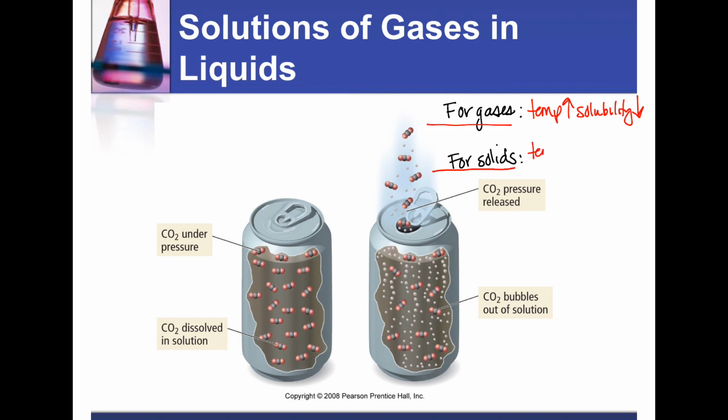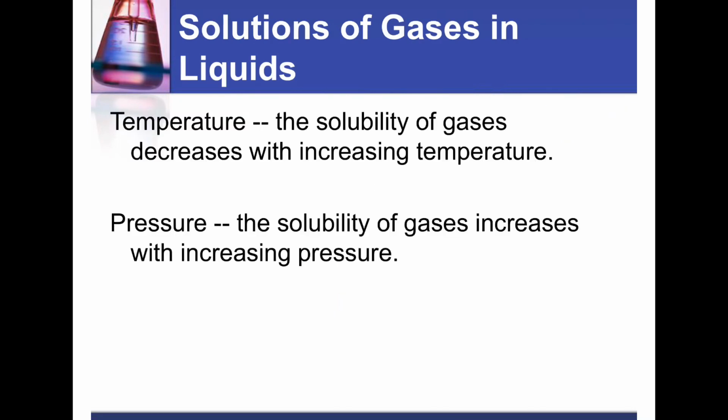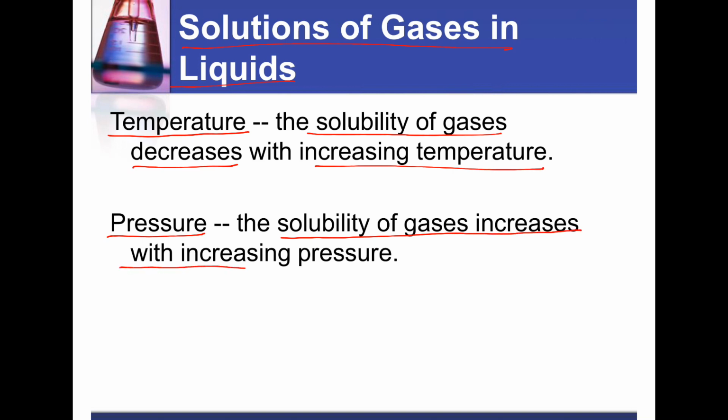For solids, as the temperature increases, solubility increases. So again, for solutions of gases and liquids, the solubility of gases will decrease with increasing temperature, and for pressure, the solubility of gases increases with increasing pressure.